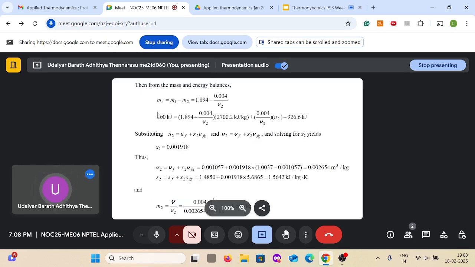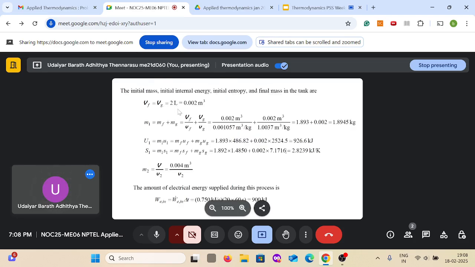So 2 liter is filled with water and 2 liter is filled with gas. So mass m1 is m_f plus m_g, which is volume of liquid divided by specific volume of liquid, plus volume occupied by gas divided by specific volume of gas. This will come out to be 1.8945 kg. So that is the amount of mass which is present initially.